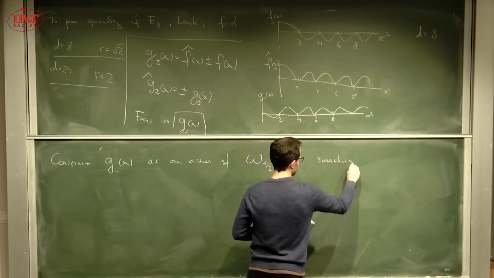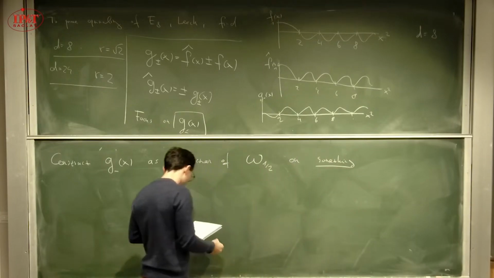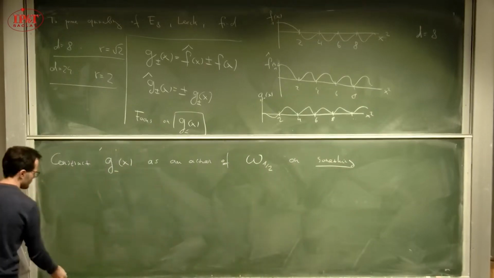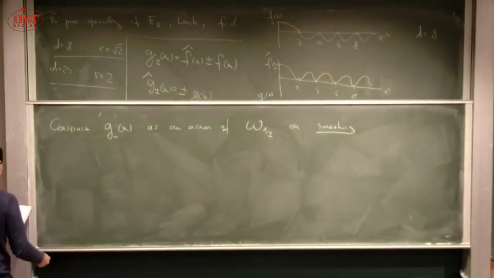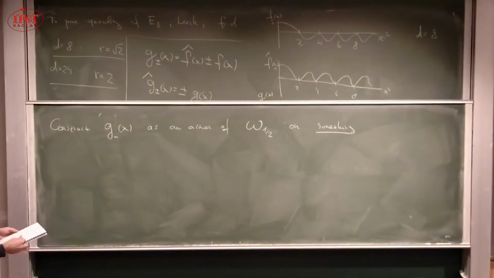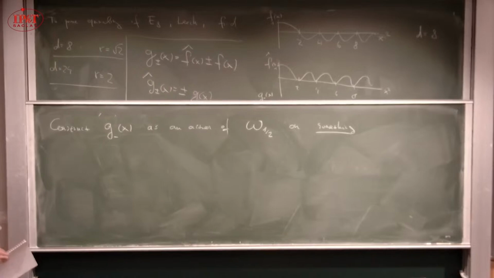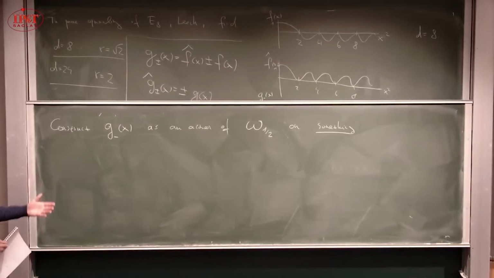So we just need to find that something. But we already kind of saw that, because this something is just the Gaussians, the Gaussians appearing in a Poisson summation formula.